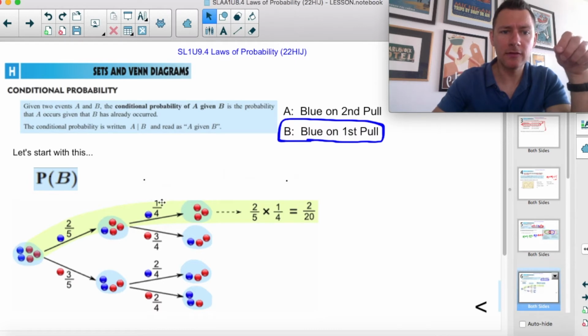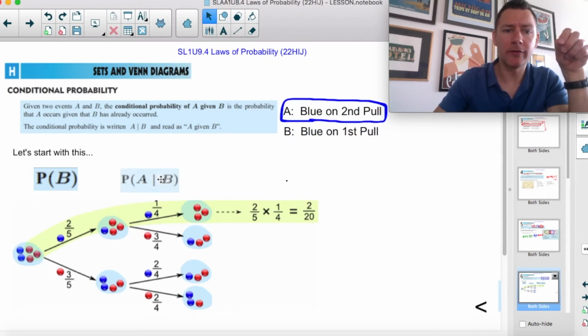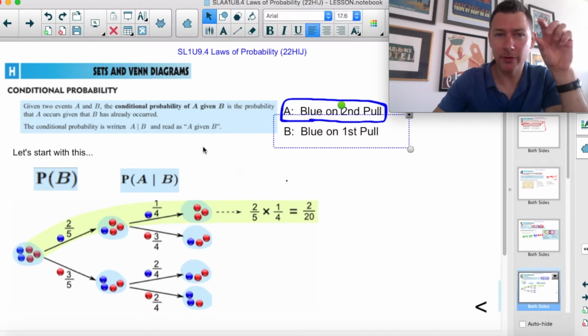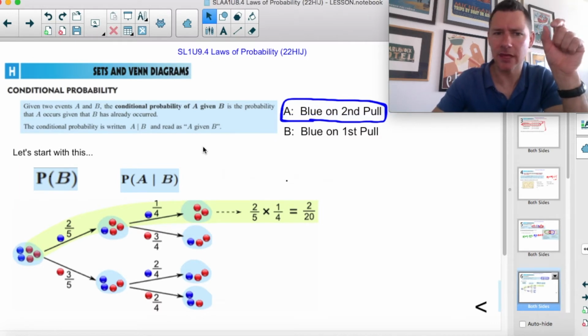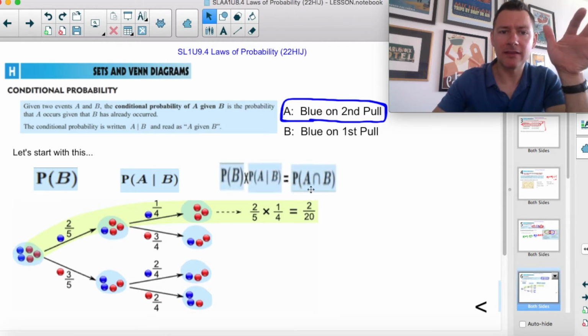Then, because our probability has changed, getting a blue again on the second pull would be the probability of A. I want A to happen: I want the second marble to be blue, given that the first marble was blue, given that B already happened. I know the syntax is a little fussy with that, but it makes sense that if you want both to happen, I want the probability of A occurring and B occurring.